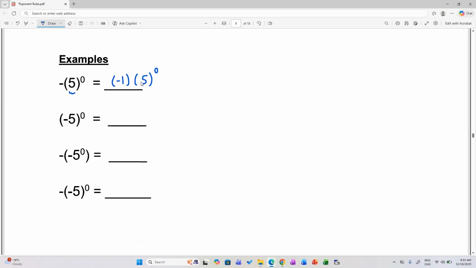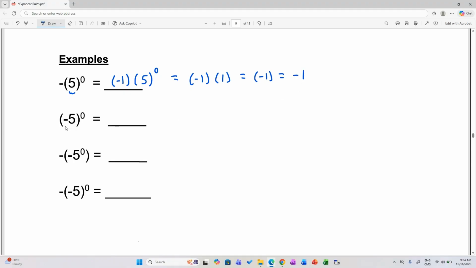There's nothing inside my brackets that I can simplify anymore. So now I'm going to focus on my exponents. 5 to the exponent of 0 is going to be 1. So now all I'm left with is negative 1 times 1. And a negative times a positive would still be a negative. So negative 1 times 1 is going to be negative 1.